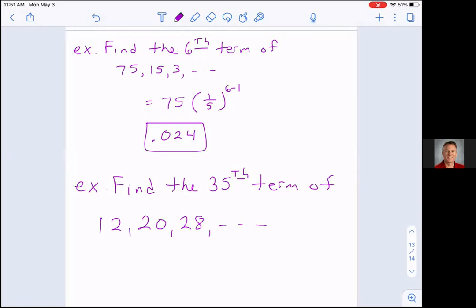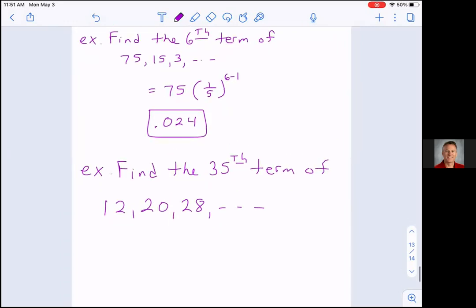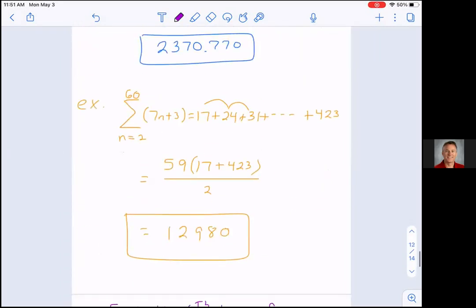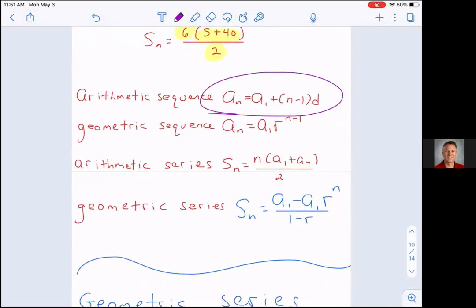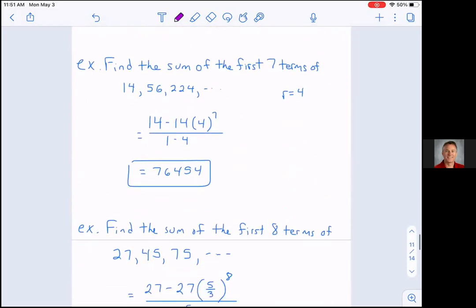All right, so I can tell that it is arithmetic, because we're doing +8, +8, +8. And that 8 is our D value. So this is an arithmetic sequence. So looking back up at our notes, using the formula for an arithmetic sequence, I'm going to do a sub 1 plus n minus 1 times d.